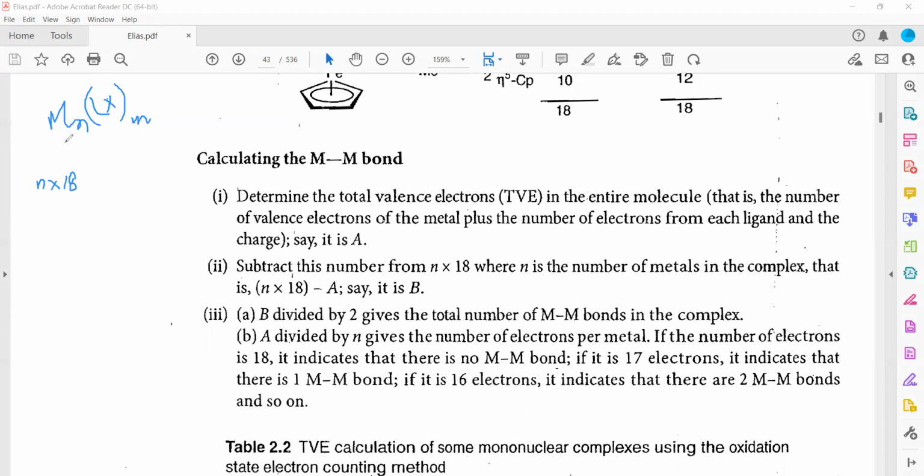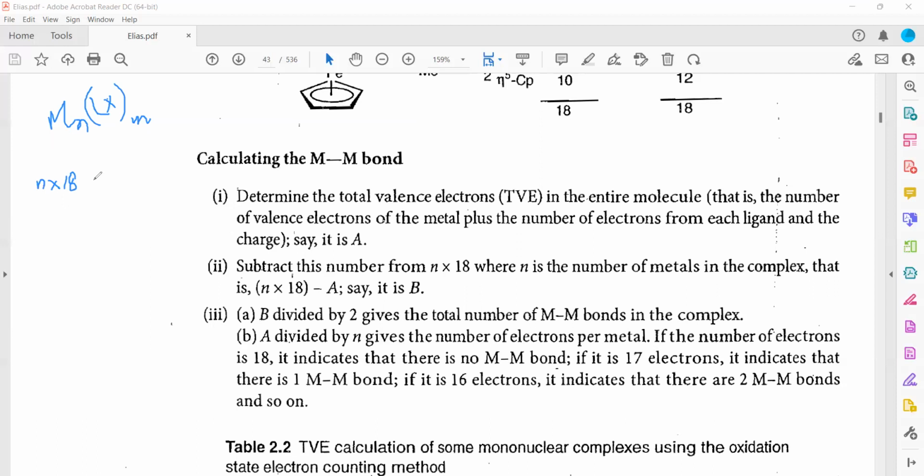But since that complex is not a complex of one metal, there is more than one metal, and so there's a chance of existence of a metal-metal bond also in the complex. So in those cases, you don't have to count 18 electrons per metal, right?